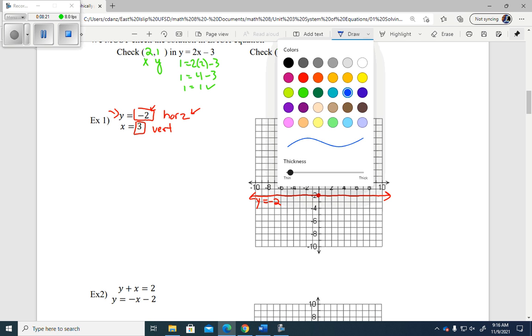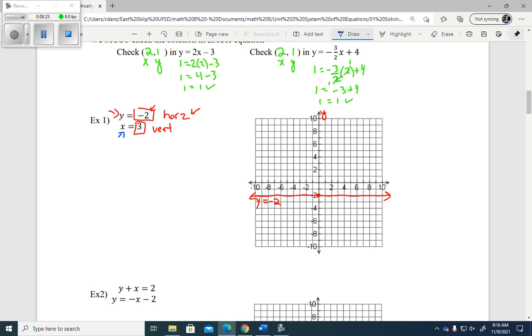On the next line, I go to the x-axis. I go to 3, and I draw a vertical line. Here's the x-axis. Here's 3. Draw a vertical line. Sorry, my line is not going very straight.